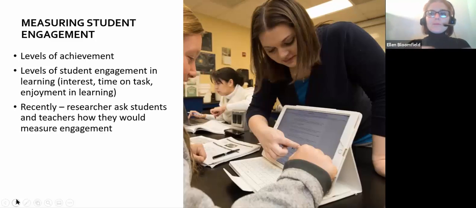But nowhere again in that stream of measurement was there anything about learning, student engagement and learning. Are they interested? How much time are they spending on task? Are they enjoying what they're learning? And so those are the types of things that we're going to focus on today.